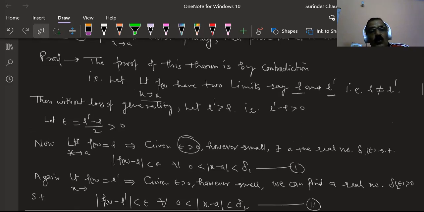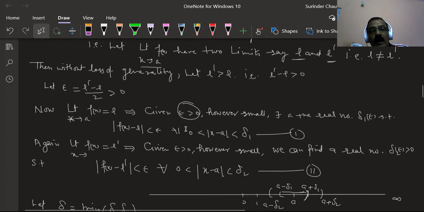Now the limit as x approaches a of f(x) is L. By the definition of limit, what does this imply? Given epsilon greater than 0, however small, we fix this value. L and L dash are fixed numbers, so this is a real number, however small.